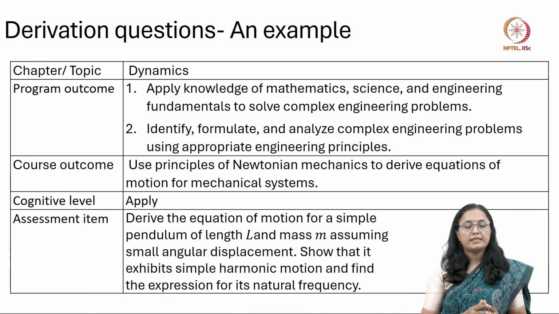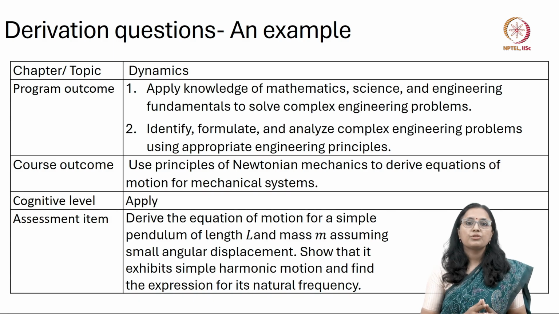We are seeing if the student is able to demonstrate the understanding of dynamic principles, the ability to perform a derivation, and also calculate natural frequency. So, again we can see that this is an outcome-based kind of question.